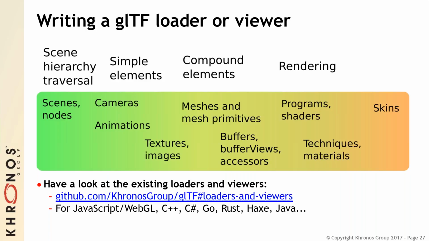And the most sophisticated example or concept is probably skinning, because it combines all the elements of a glTF asset. It defines meshes that are deformed based on the skeleton hierarchy. This consists of nodes.